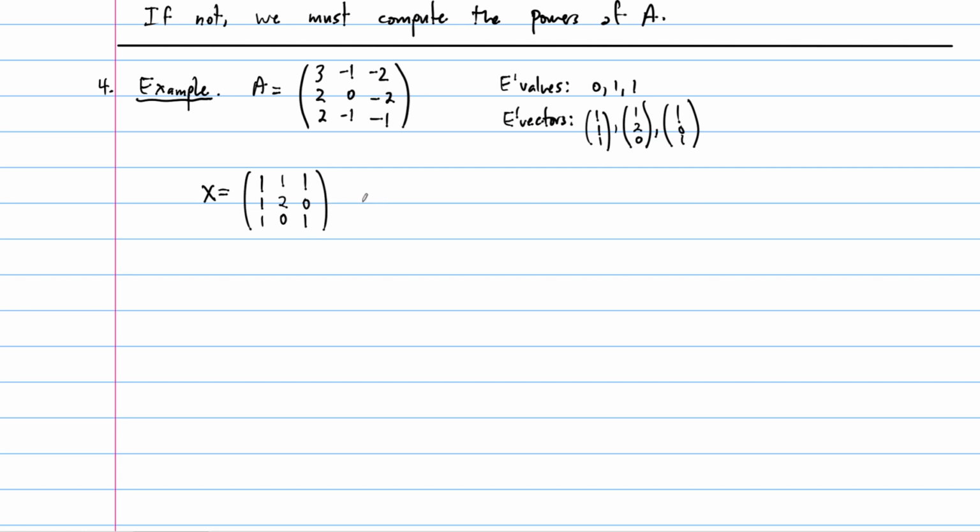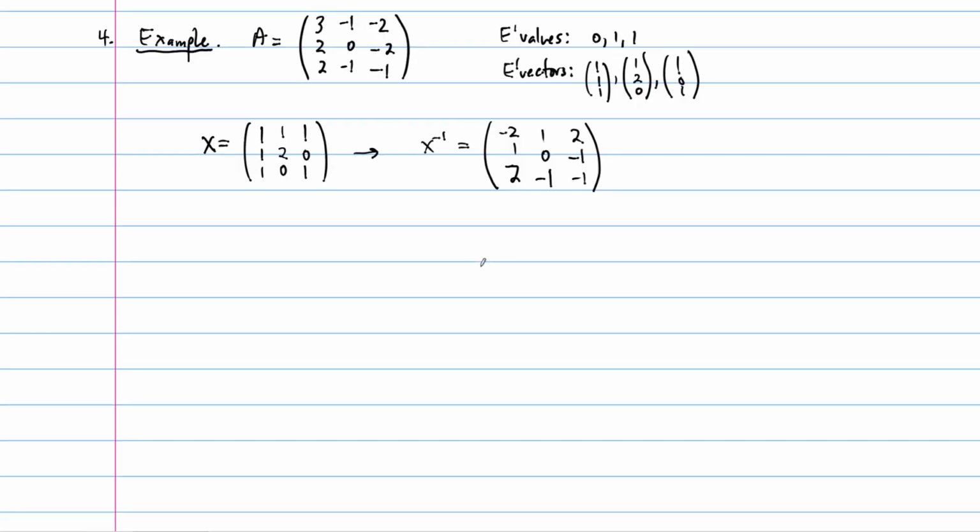For the way that I've written these down, our inverse matrix, X inverse, is going to be -2, 1, 2, 1, 0, -1, 2, -1, -1. You can do this by the cofactor method for the inverse.